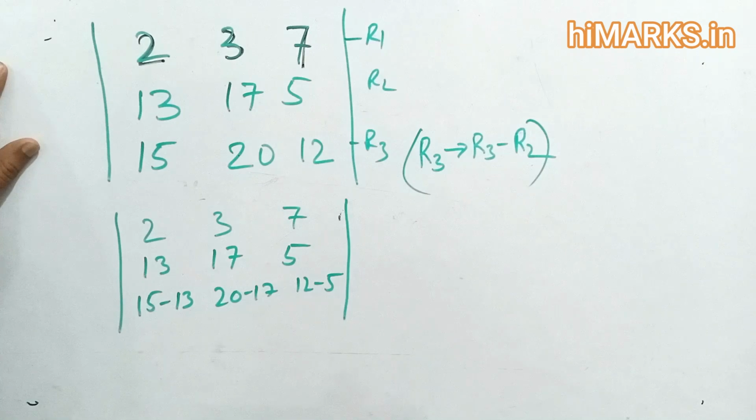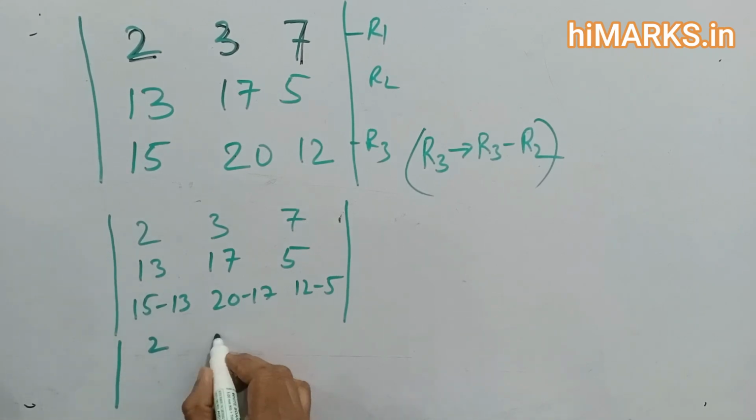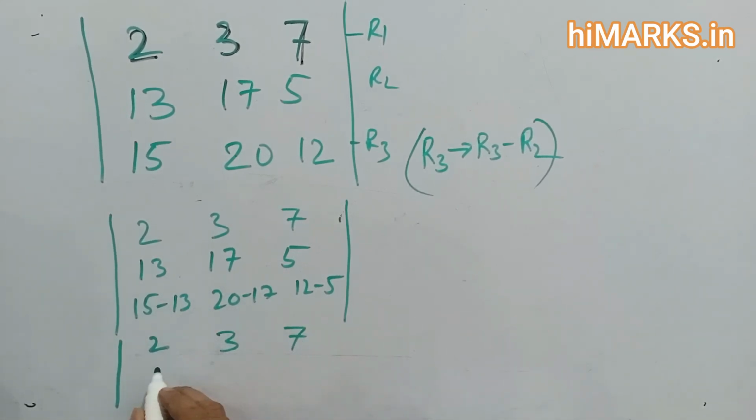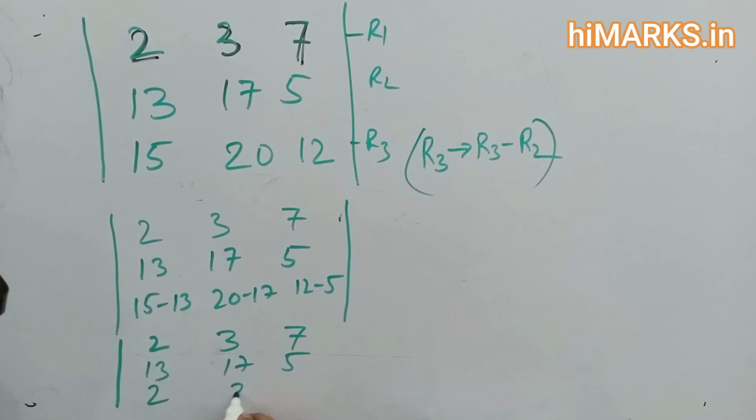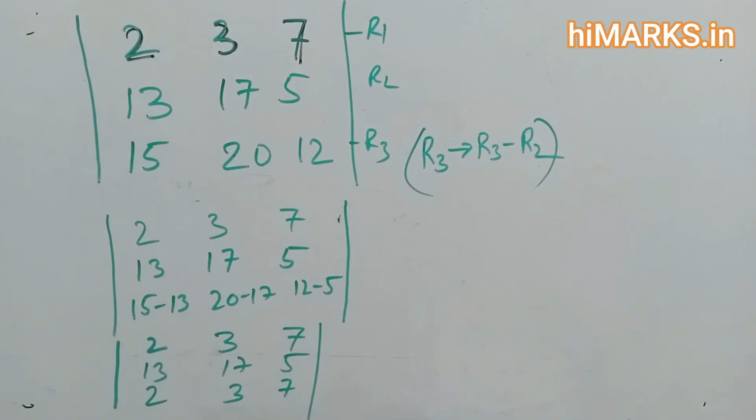So once you do this operation, the new matrix is 2, 3, 7, 13, 17, 5, and again you will get 2, 3, 7. So if these two rows become the same, of course the determinant will be 0.